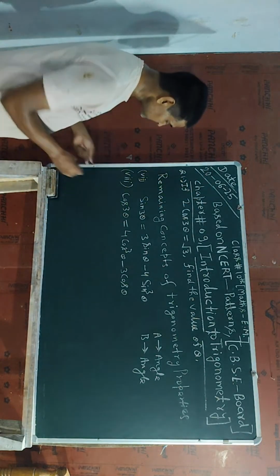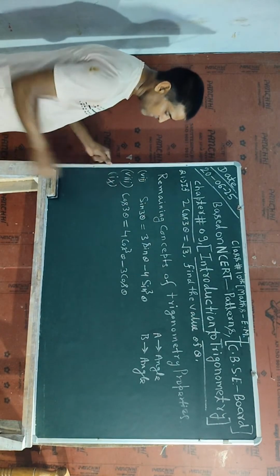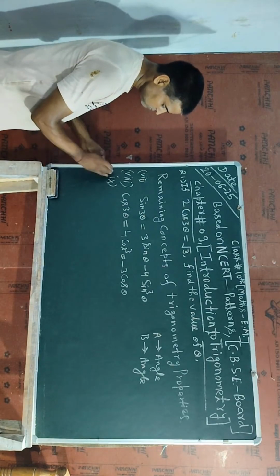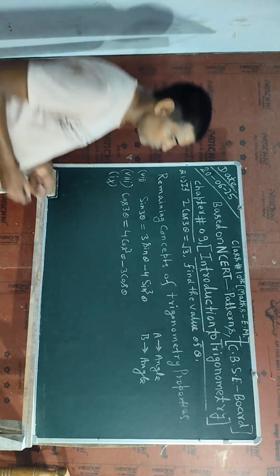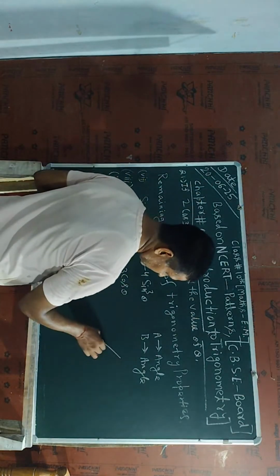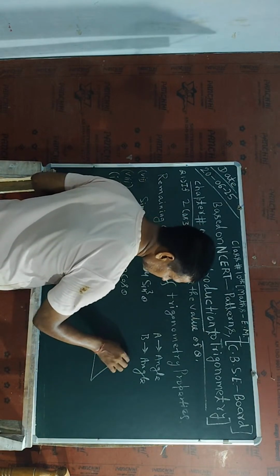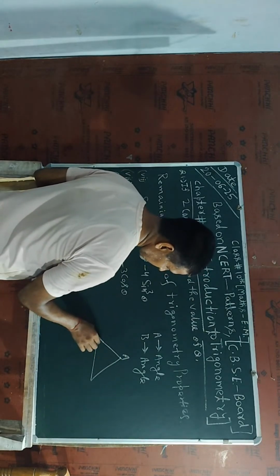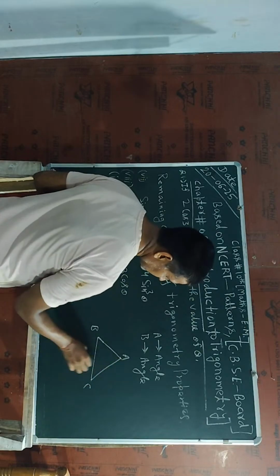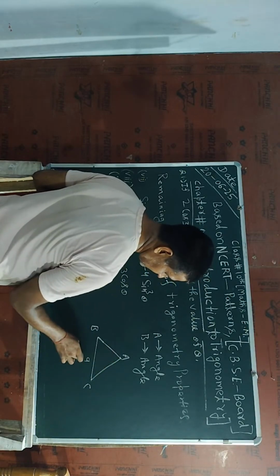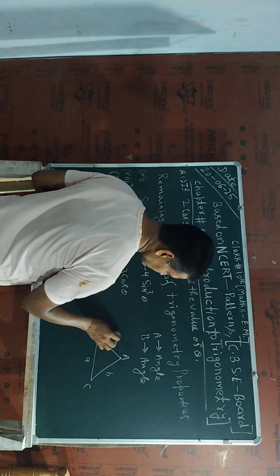Okay. Now the next information I am going to explain is information number 9. Suppose that one triangle is given, like this, and its vertices are named A, B, and C. It has side a, along this side b, and along this side c.